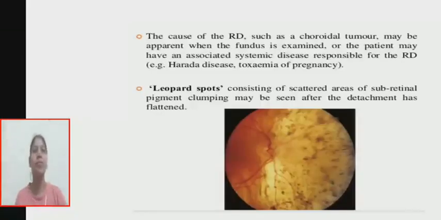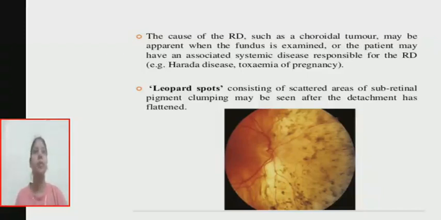The cause of the retinal detachment, such as a choroidal tumor, may be apparent when the fundus is examined, or the patient may have an associated systemic disease responsible for the retinal detachment, for example Harada disease or toxemia of pregnancy.